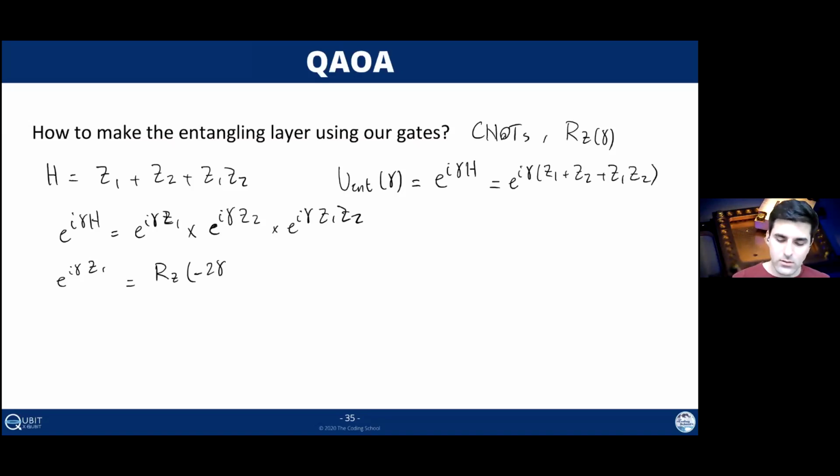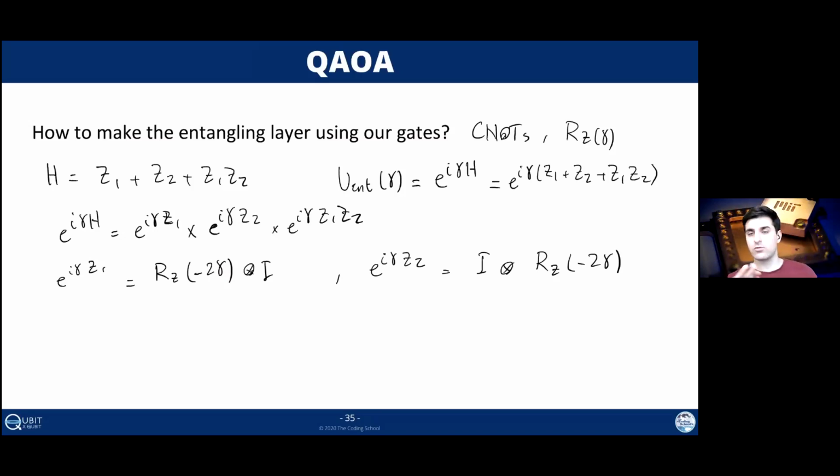And remember, there's a factor of 2 conversion, there's a minus sign. And of course, nothing on the second qubit. Similarly, e^(i gamma Z2) is as if I were to apply nothing on the first qubit, and then another rotation around the Z-axis by angle -2 gamma on the second qubit. So that stuff is easy. These are the operators that we've seen. These are just single qubit rotations on a Bloch sphere.